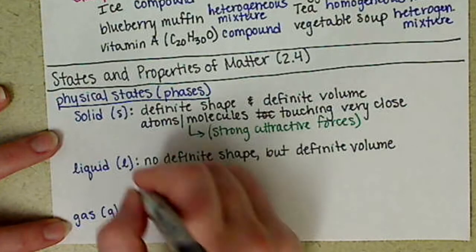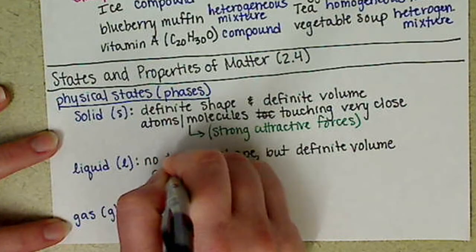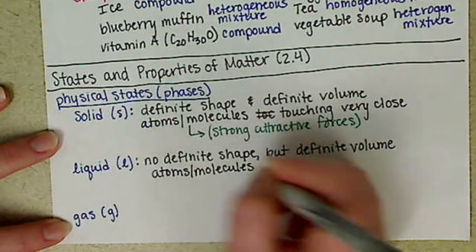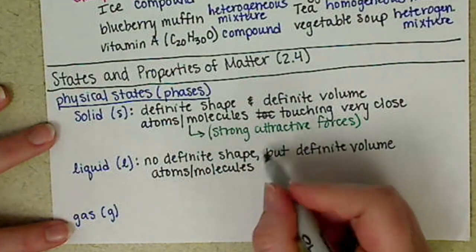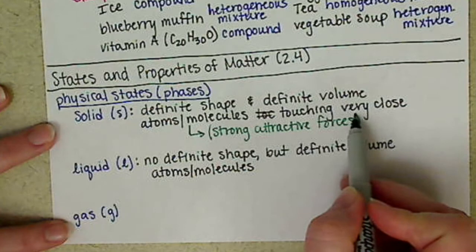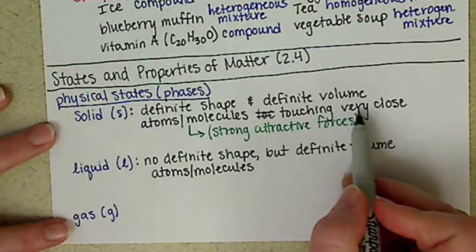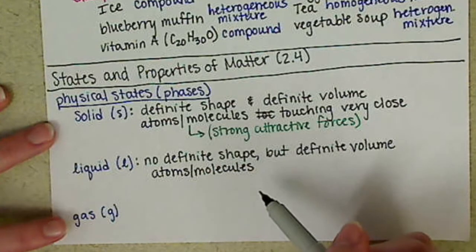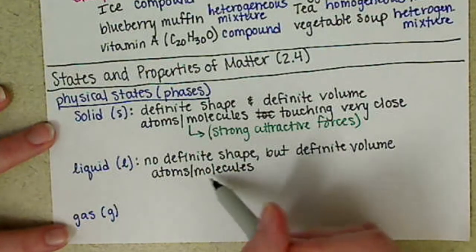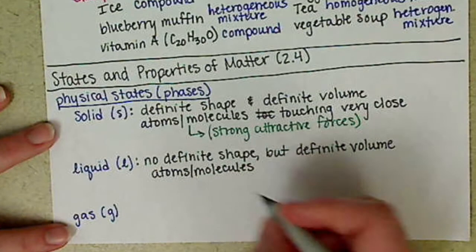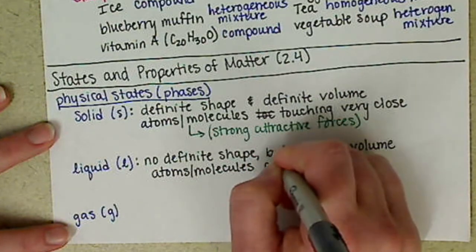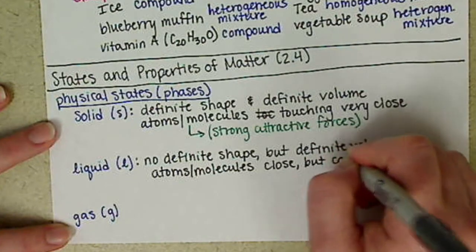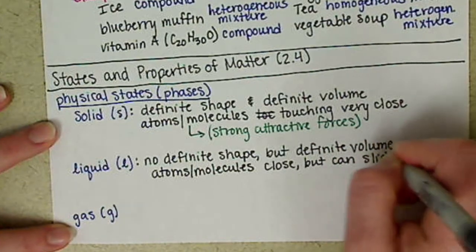Like a solid, the atoms or molecules are close to each other, but they're starting to separate a little bit. In the solid, they're touching, they're very close, they basically can't move in their position. In a liquid, they're still touching, but they can slide past each other. So our atoms and molecules are close, but can slide past each other.